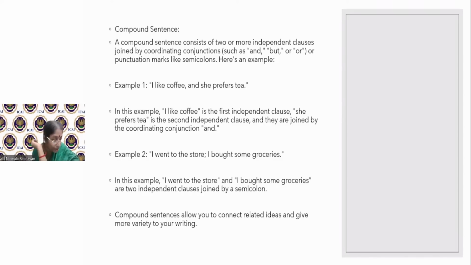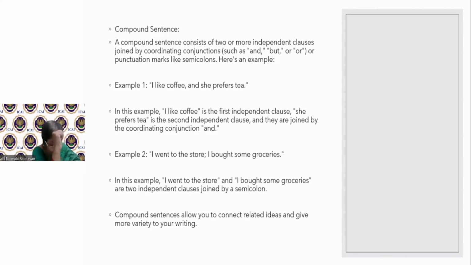It has a semicolon in between. In this example, I went to the store and I bought some groceries are two independent clauses joined by a semicolon. Compound sentences allow you to connect related ideas and give more variety to your writing. Your writing or your speech will be very interesting if you have a variety of sentences.